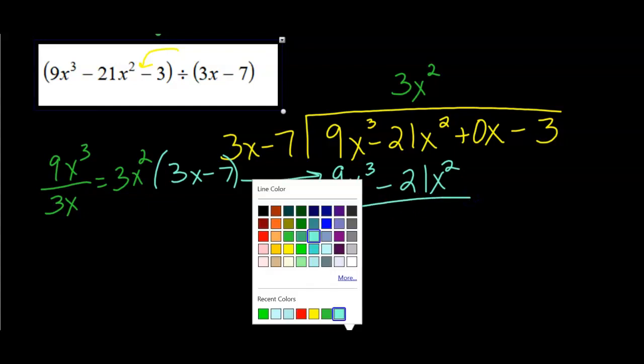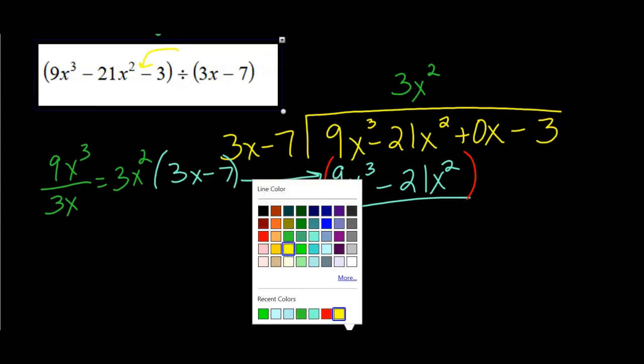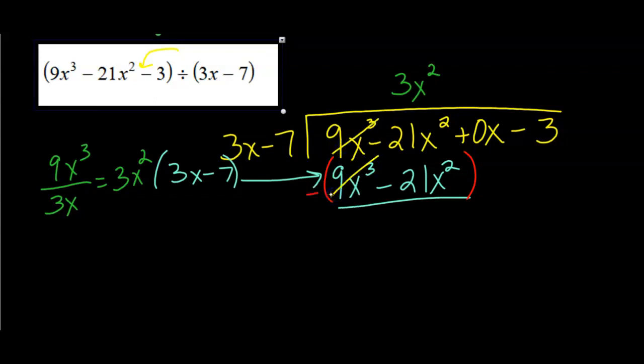And then we're going to go ahead and subtract. Minus the whole quantity. So 9x cubed minus 9x cubed. This is going to give me 0. Negative 21x squared minus negative 21x squared. These are also going to cancel, so I end up with 0x squared.